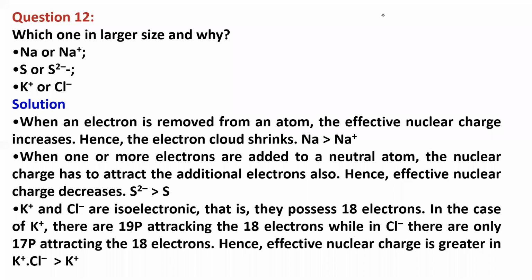Suppose an element forms a cation, for example sodium: sodium has more size than the sodium ion, because the number of electrons decreases after losing one electron. Similarly, sulfur has lesser atomic size than S2-, because S2- means gaining 2 more electrons. As it gains 2 more electrons, the size increases. That's why anions are bigger than cations.